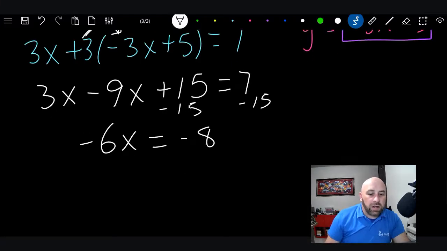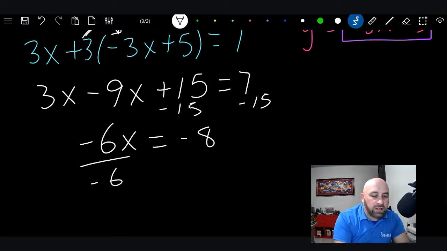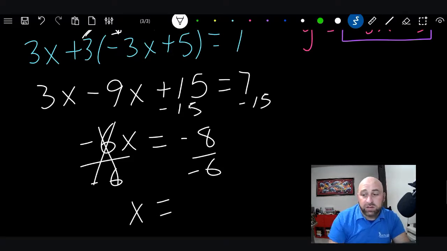All right, and now we can divide both sides by 6, and we're going to get x equals, and that's going to be negative negative, so that's going to give us a positive 8 over 6. We could reduce that. You can really write that either way that you want to. I'd reduce that and go 4 over 3, I think.